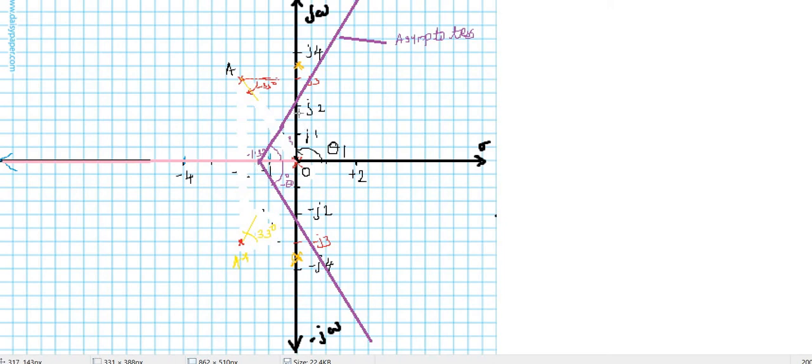That means at some value of k the root locus crosses the imaginary axis, so after that value of k, the system will get unstable. Because after that value of k, our root locus will move to the right hand side of the S plane and the system will be unstable.